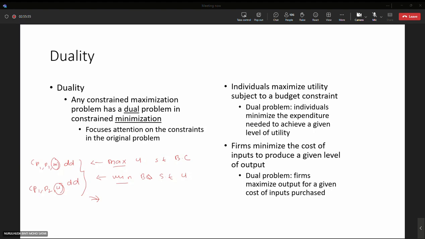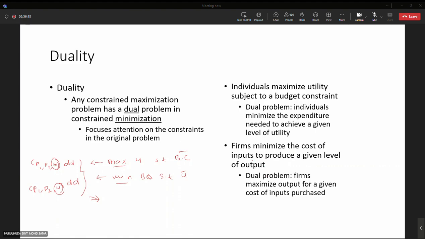And here, that is what is written here. Individual maximizes utility subject to a budget constraint. The dual problem is the individual minimizes expenditure needed to achieve a given level of utility. So in this case, utility is held constant. In this case, the expenditure is held constant.